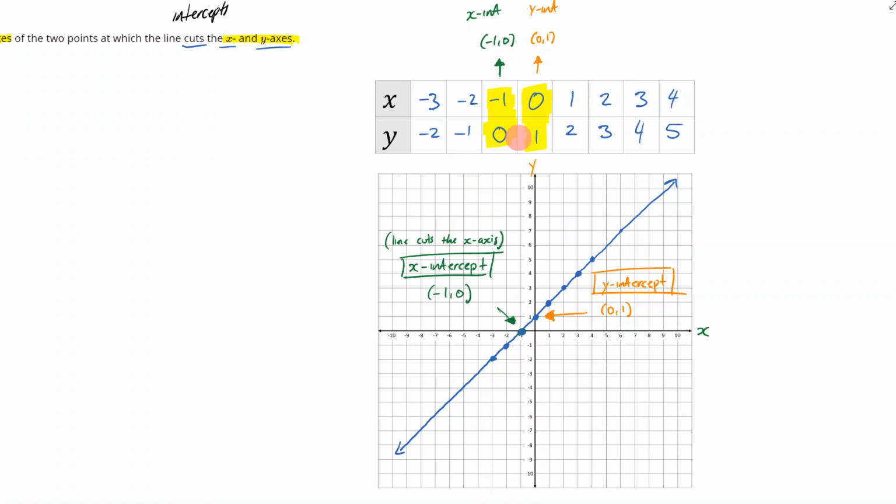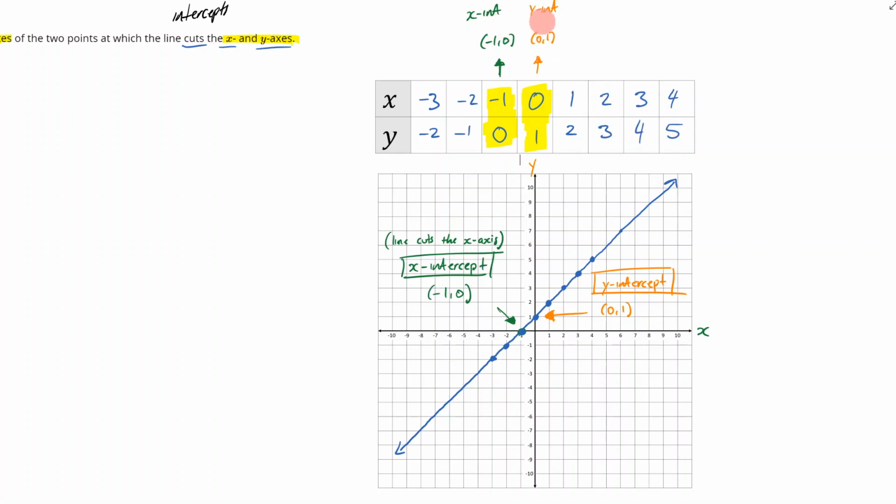All right. Hopefully you got it. It's the fact that they have zeros. Do you see here, my x-intercept occurs when my y is equal to 0. And my y-intercept occurs when my x is equal to 0. For every other coordinate here, there are no zeros at all. 1, 2, 2, 3, 3, 4, 5. None of them are zeros.